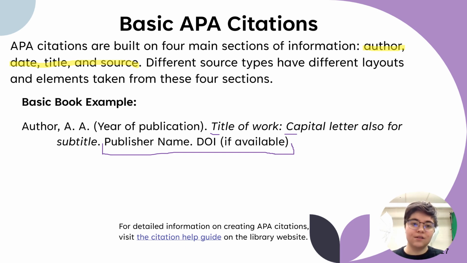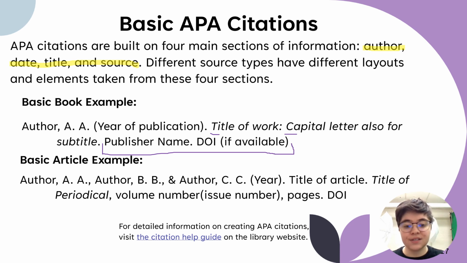For a basic article, you can see the author looks the same as for books. If you have multiple authors, you list all of them in the same inverted format, making sure that the order in which you list these authors matches the article itself.